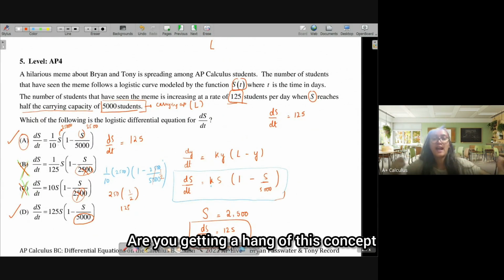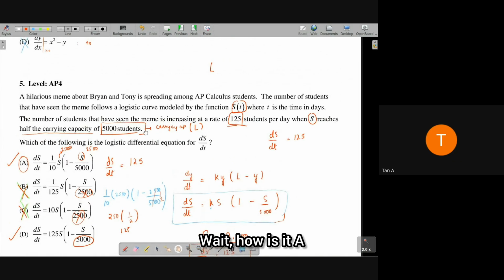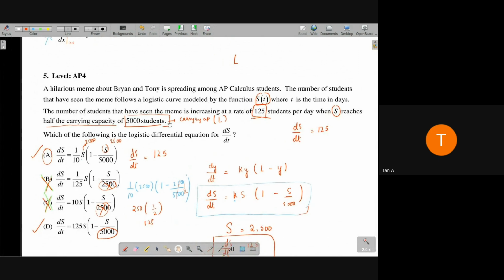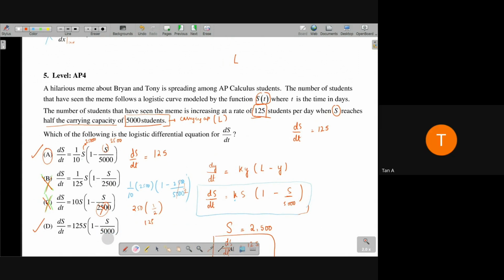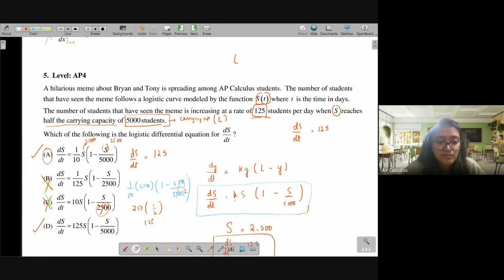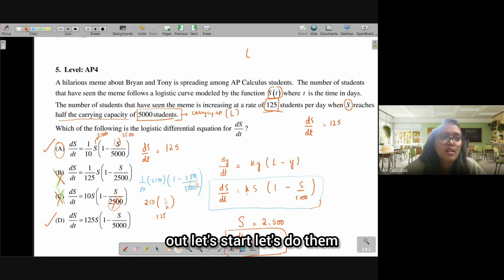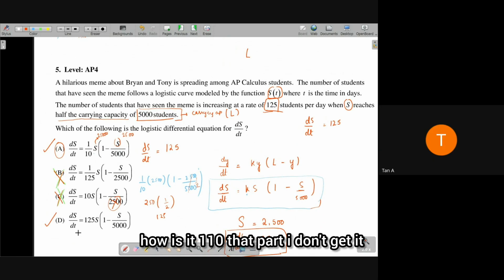Are you getting a hang of this concept? Wait, how's it A? Isn't it D? You're getting 125 in D? How's it 1/10? That part I don't get.